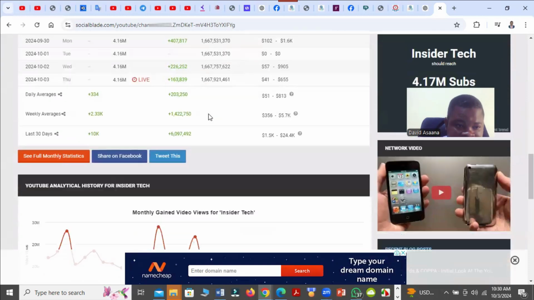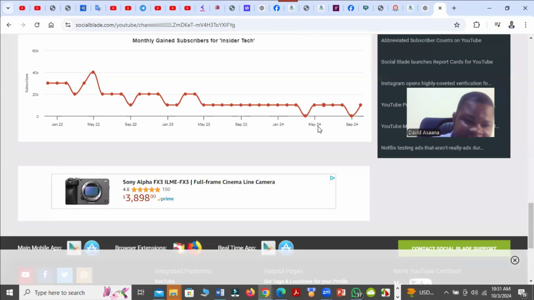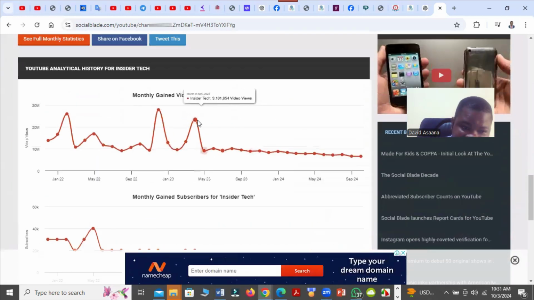Then for the views, every day they get an average of 203,000 views, 1.4 million views weekly, and 6.97 million in a month. Then an average of $813 a day, $5.7 thousand a week, and $24,000 a month.